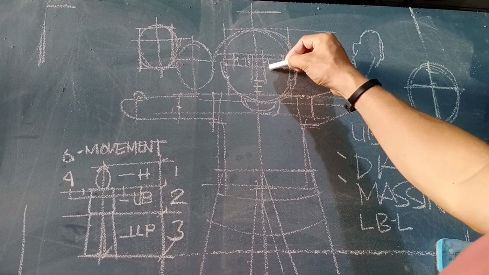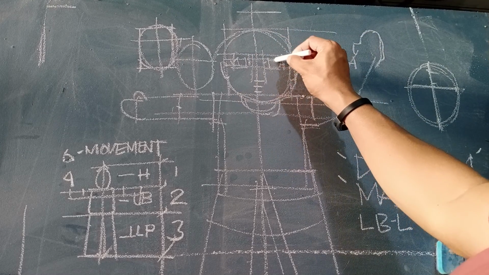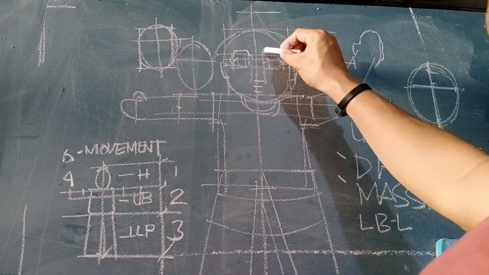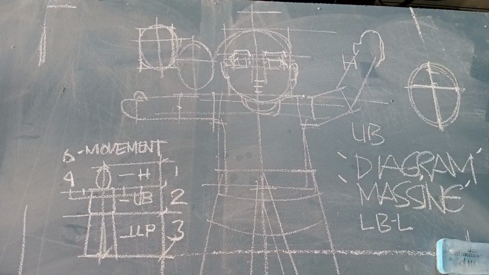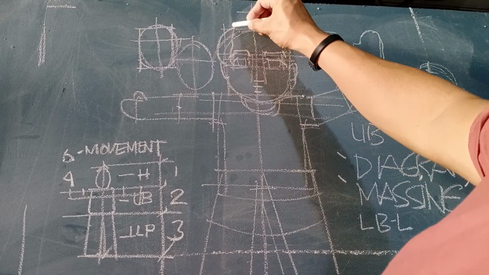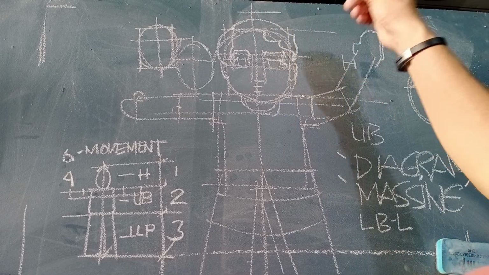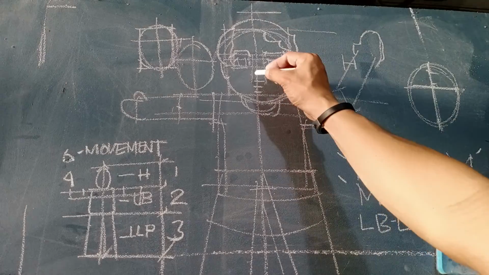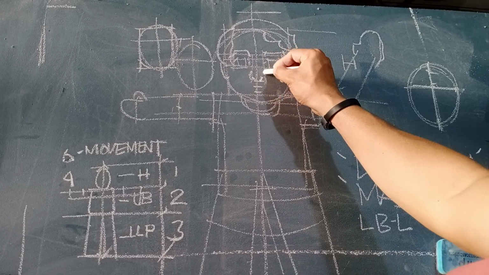So we'll put here some details for the eyes, and then the eyebrows. And maybe the details of hair, if it's a boy, a simple drawing for the hair. Now for the nose, just a few little lines and a curve.